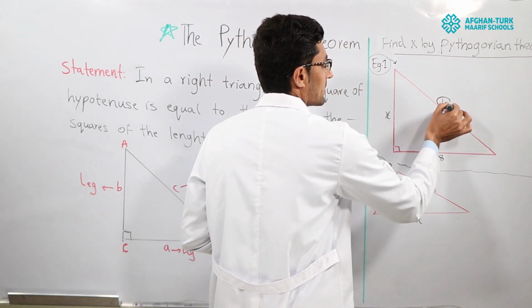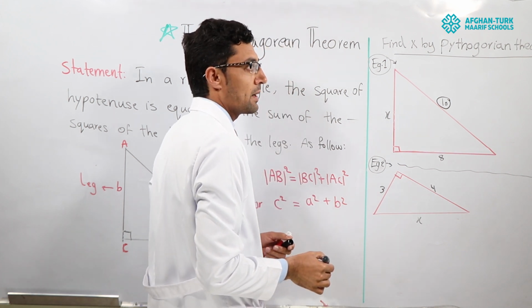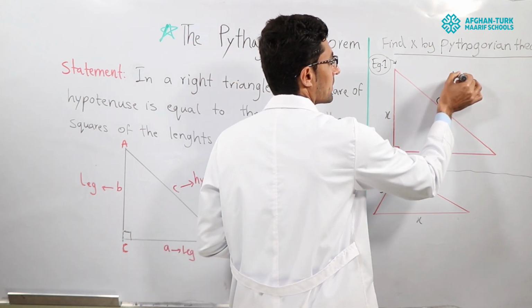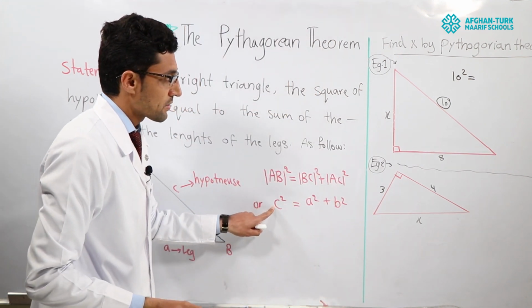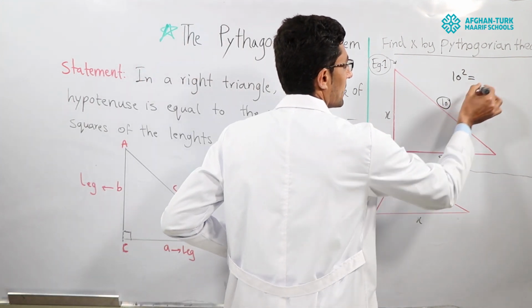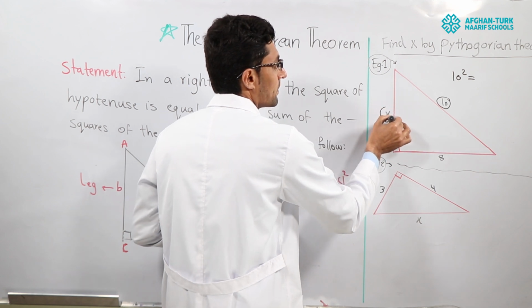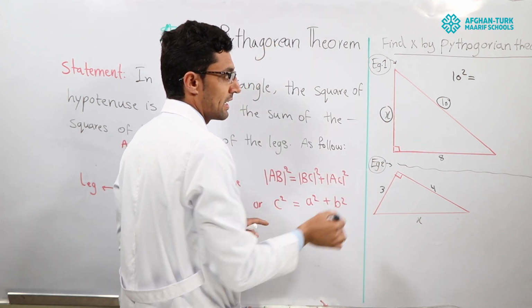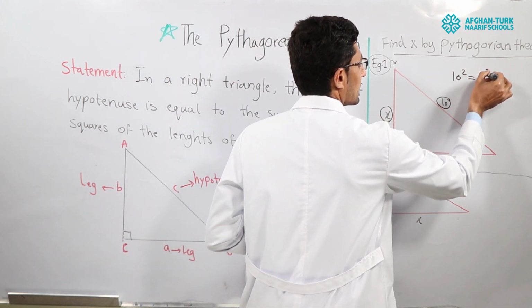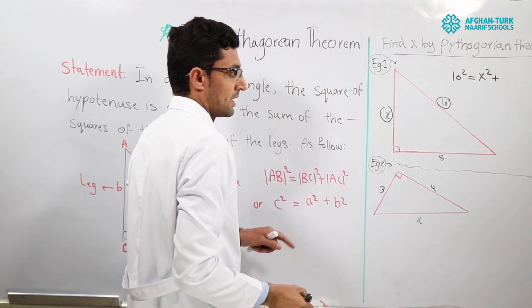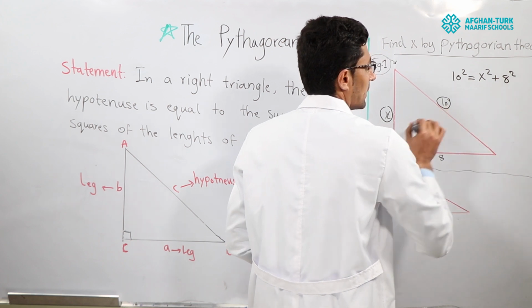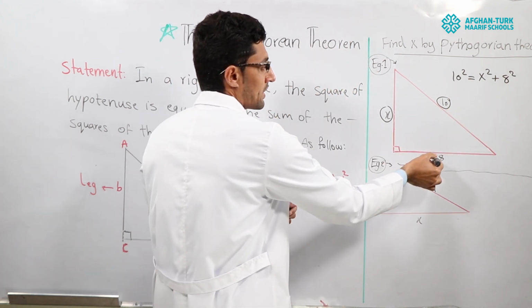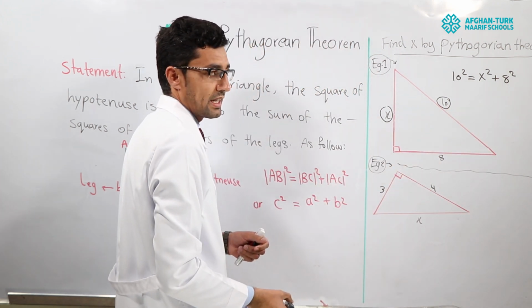You know that the square of the hypotenuse is equal to the square of one leg, plus the square of another leg, or the sum of the squares of these two legs.